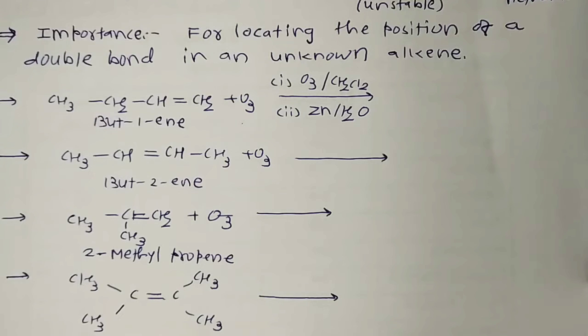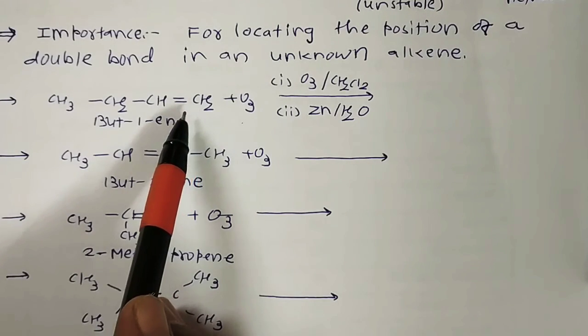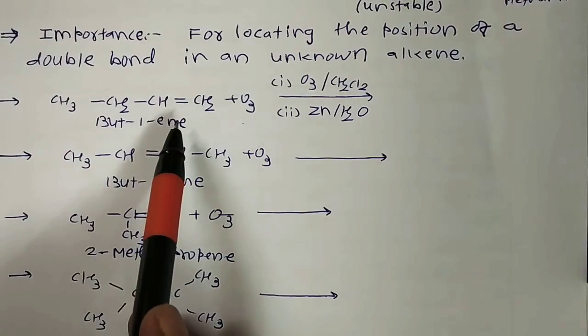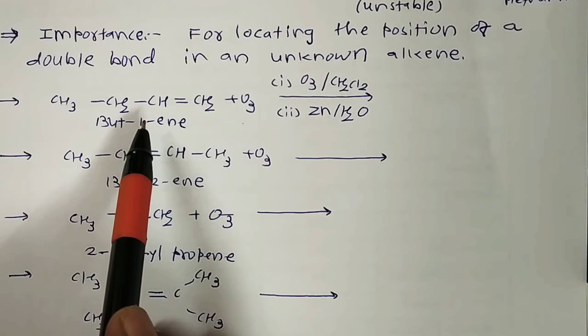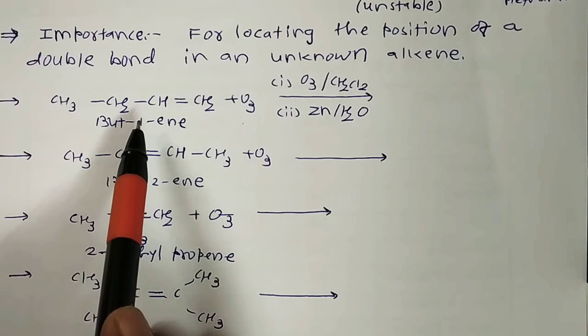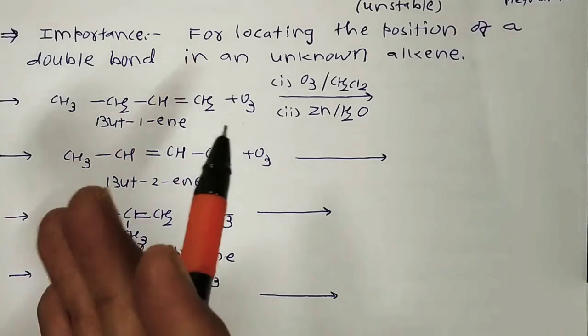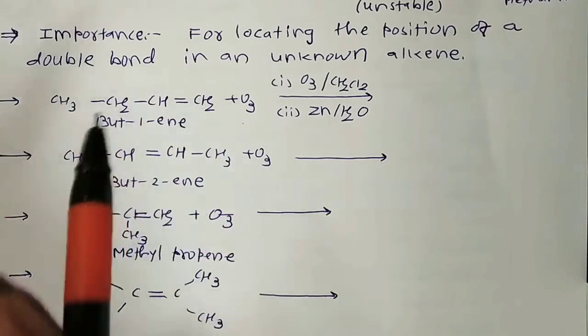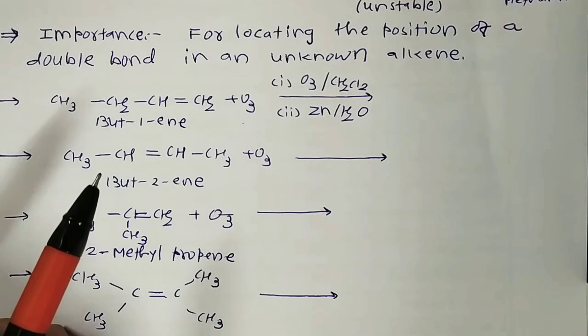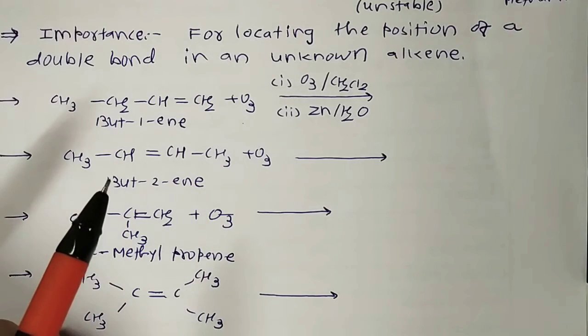Ozonolysis is a versatile, widely used method for locating the position of the double bond in an unknown alkene, since no two different alkenes give the same combination of aldehydes and or ketones. Therefore, this method has been extensively used in the past for structure identification.